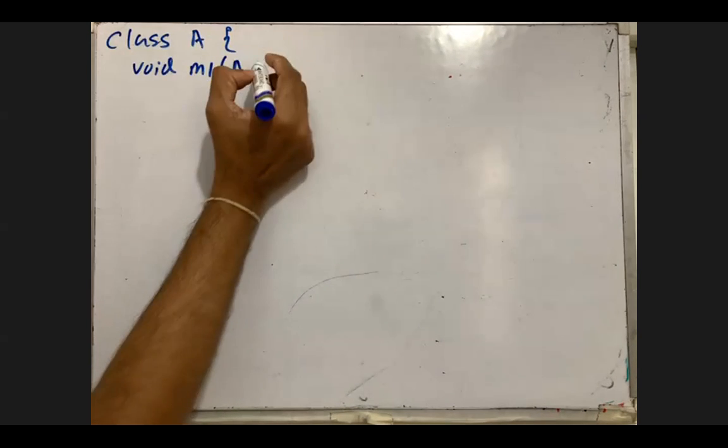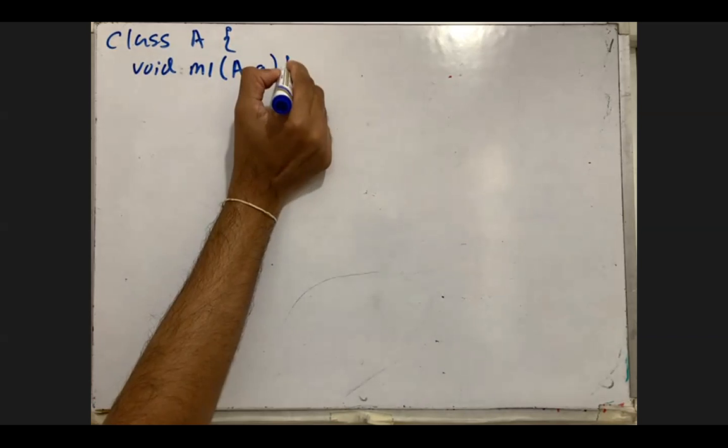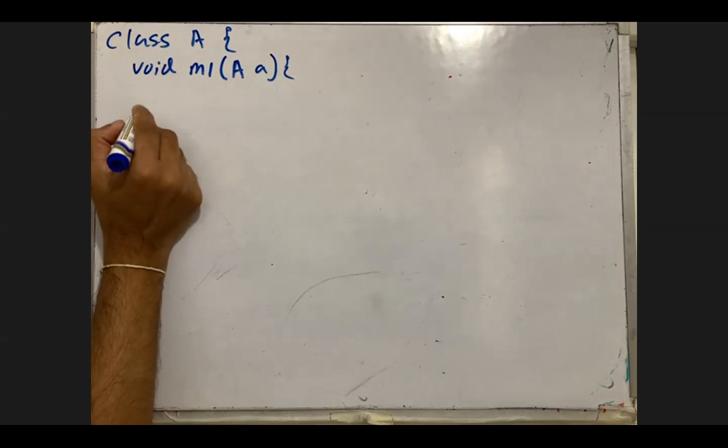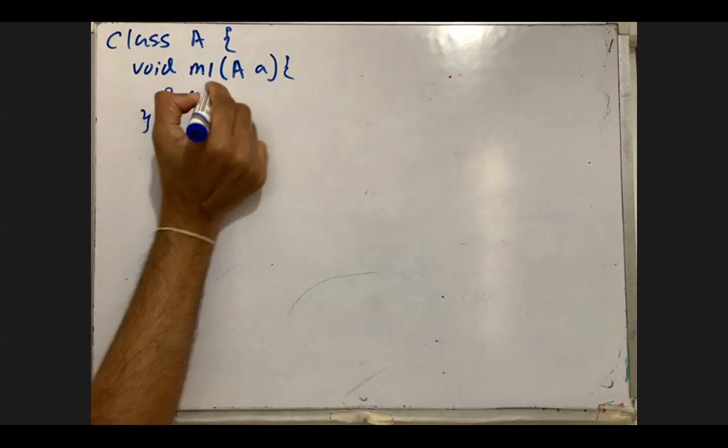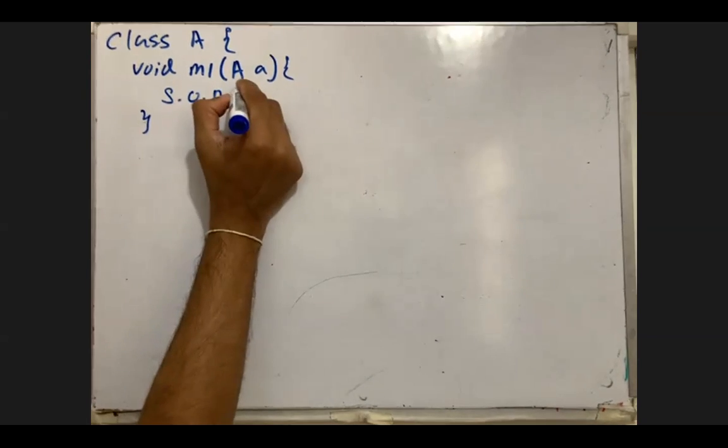That means self class, you create a parameter and object. And after that, System.out.println, it prints A.